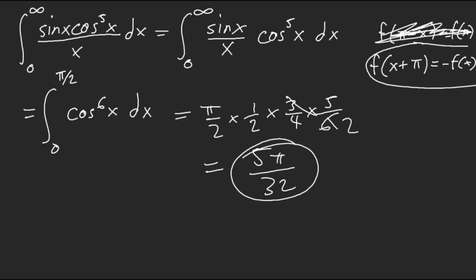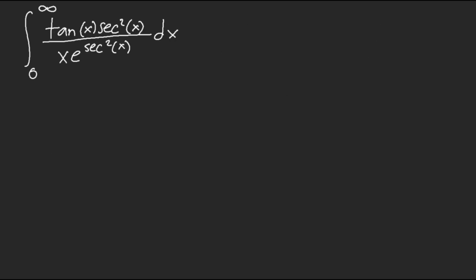So, another way of using Lobachevsky: if the periodicity, instead of f of x, gives you a negative version, consider using cosine Lobachevsky. We have a weird looking one. I'm going to make this our last integral, because cosine Lobachevsky is actually not that common, but it's just something to be aware of. What on earth is this?